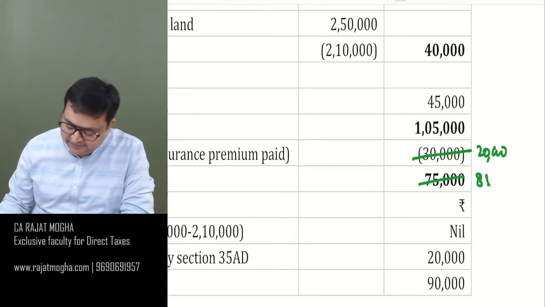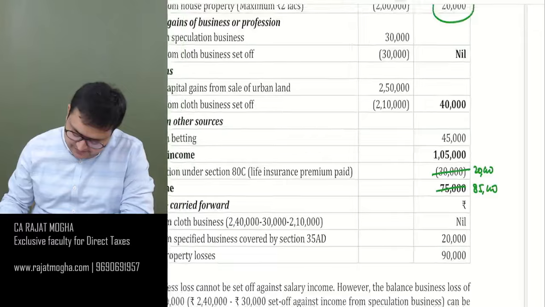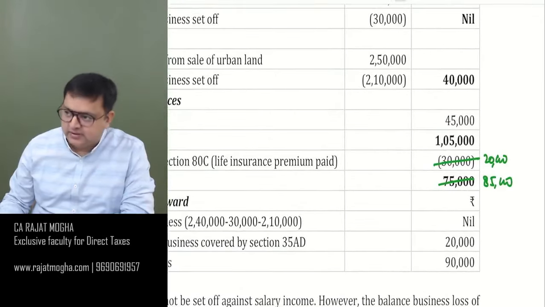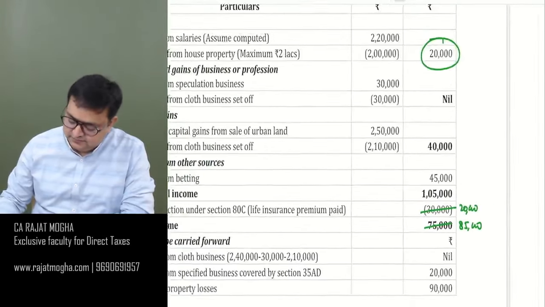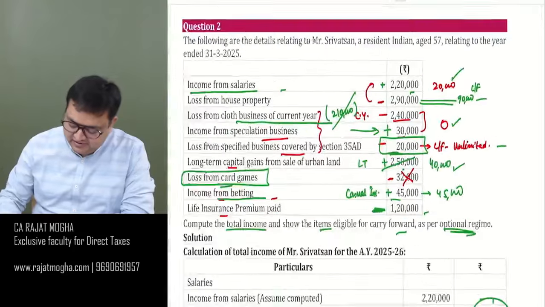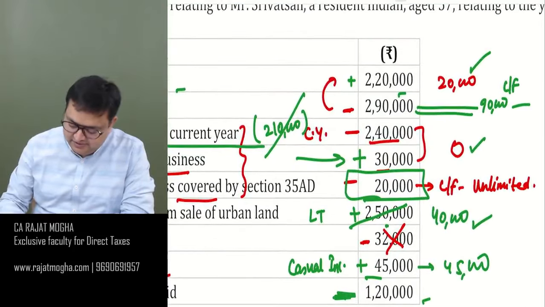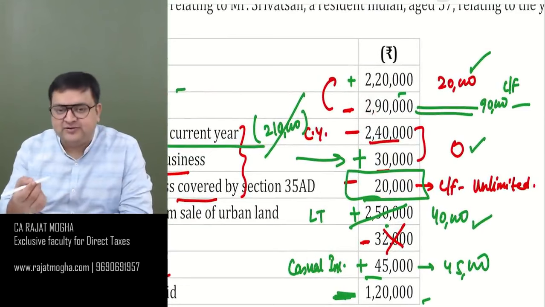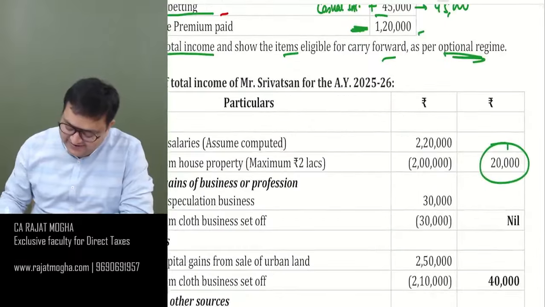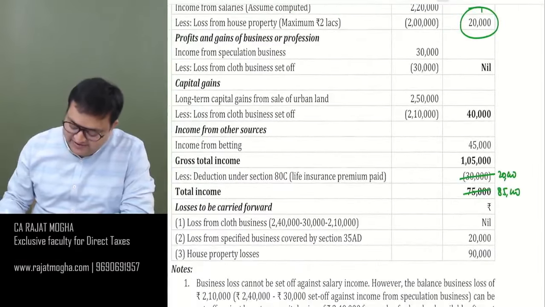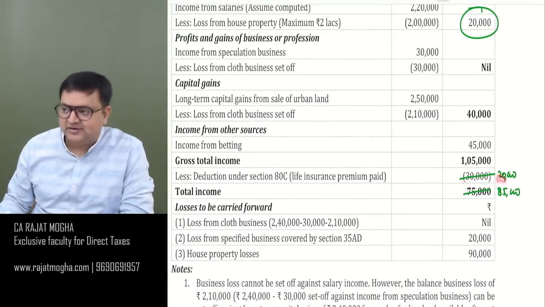It is 85. Correct? Because earlier, in the morning, it was 190, but I specifically made it 290 to explain to you that maximum 2 lakh we can take. So I made changes there, but I forgot to make the change here. It is 20,000. Correct?